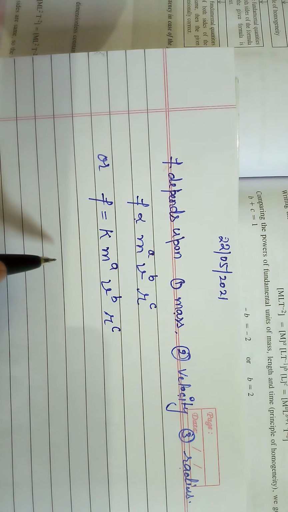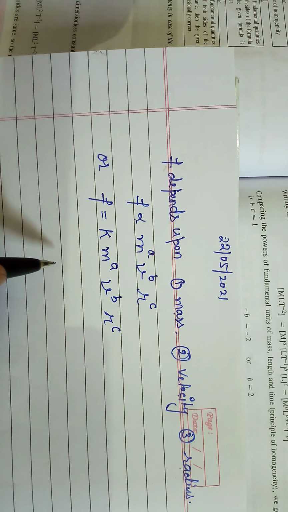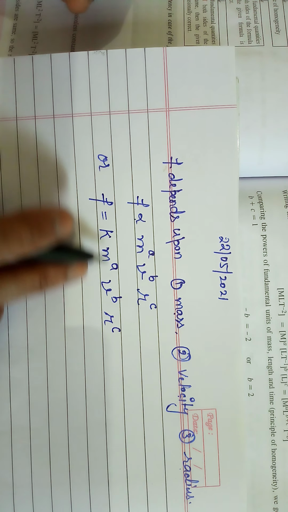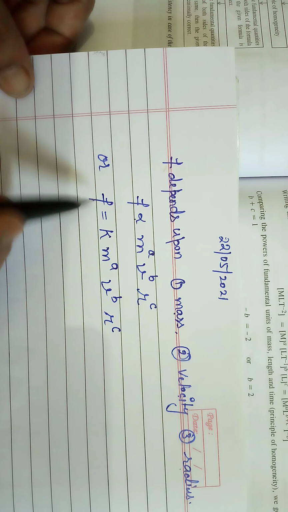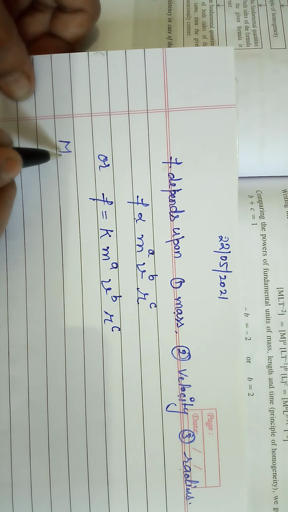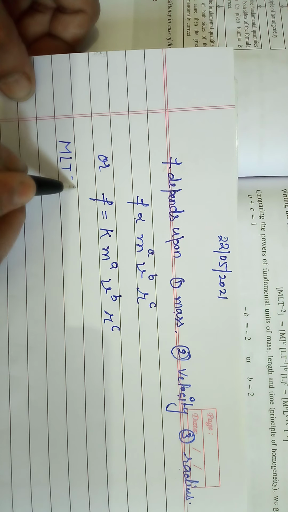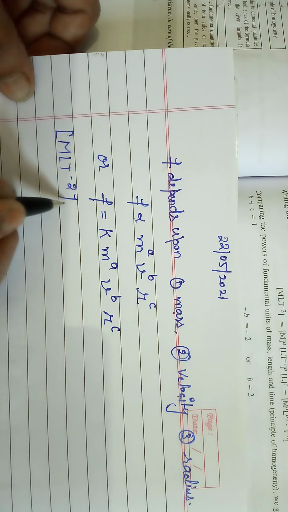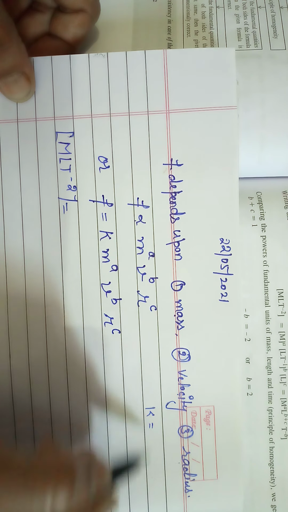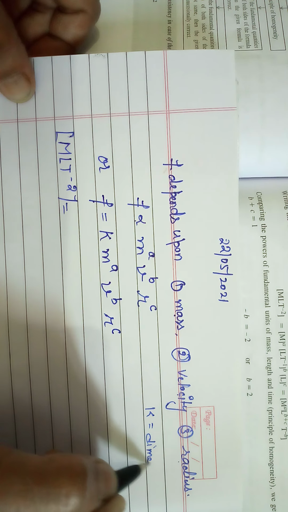So now write the dimension formula for the various physical quantities. The dimension formula for force is MLT to the power minus 2. K is a dimensionless constant.